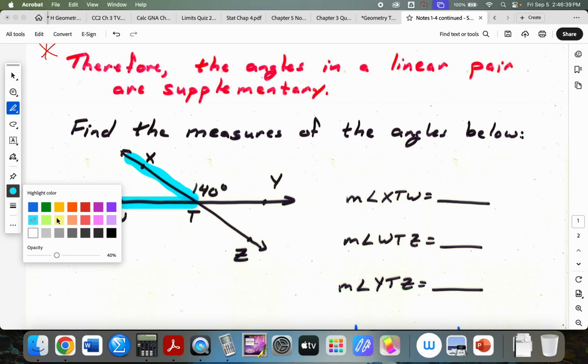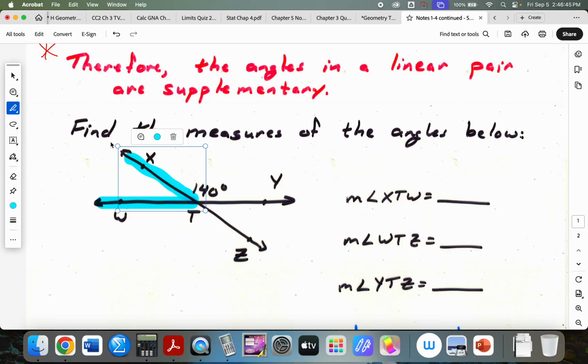I'm going to highlight this one with yellow. The angle that I know, XTV. Notice how this one, which was blue and then yellow, has turned green? That's where they're stuck together.